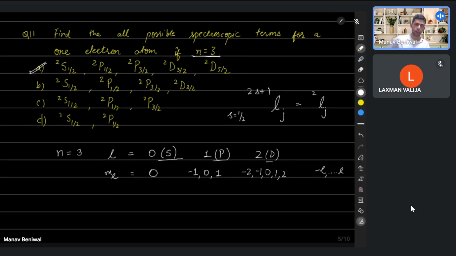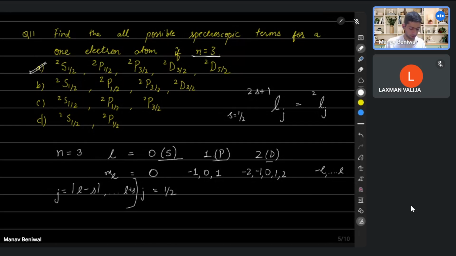And now we only need to find the values of J. J is nothing but L plus S, so it goes from mod of L minus S all the way up to L plus S. Here L is 0, so it can only have one value, which is L plus S. So here our J will be just half.